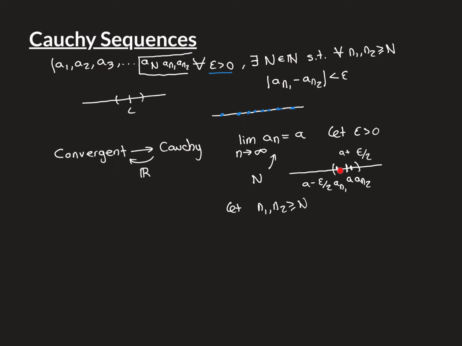So what is the maximum distance they can be apart from one another? Well, it's the distance from one to A plus the distance from A to the other, by the triangle inequality.